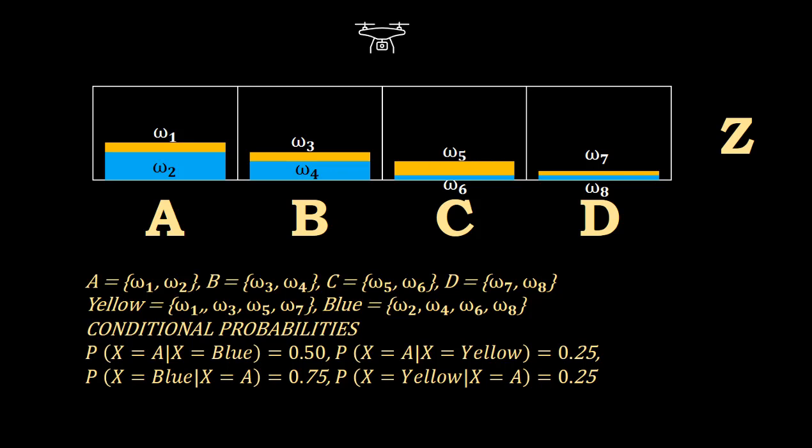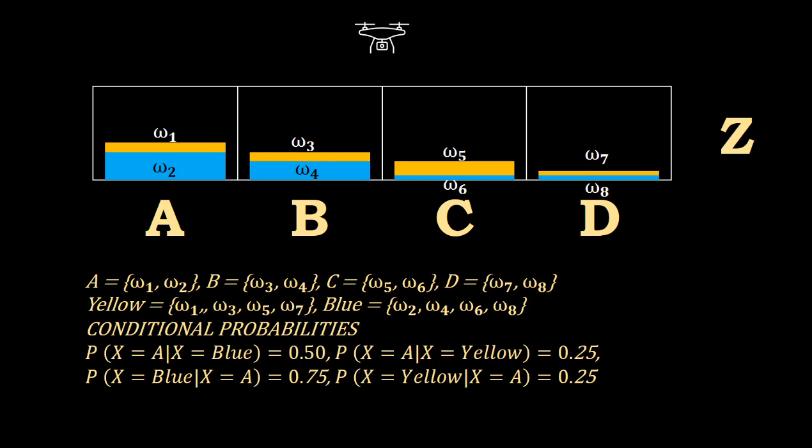So these four elements are what constitute the new sample space. It's smaller than the sample space with 8 outcomes. So basically we divide the probability of omega 1 over the probability of omega 1, omega 3, omega 5, omega 7, and that gives us 0.25.